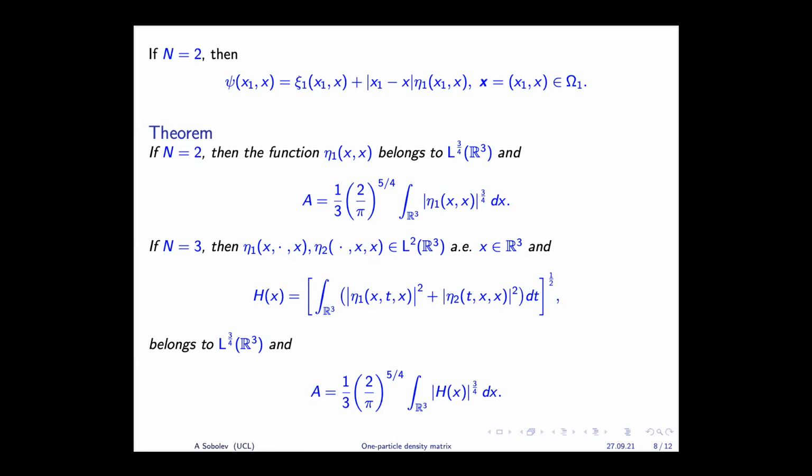And they are built in a very similar way. But we take two particles, the first and the last, on the diagonal. They coincide. And this gives us a function of the middle variable. Then we take the function eta2 that describes the interaction of the second and the third particle. So we take them on the diagonal, where they coincide. And it will depend on the first variable, a three-dimensional variable.